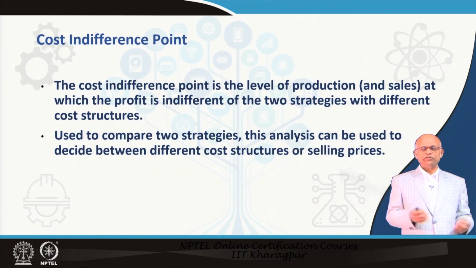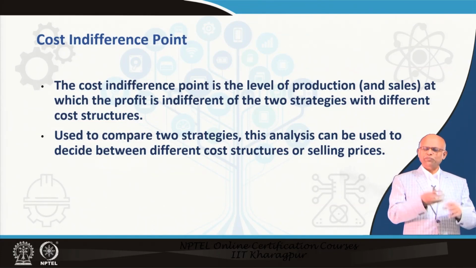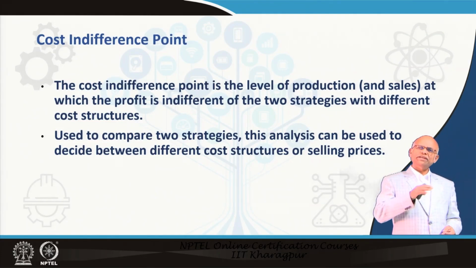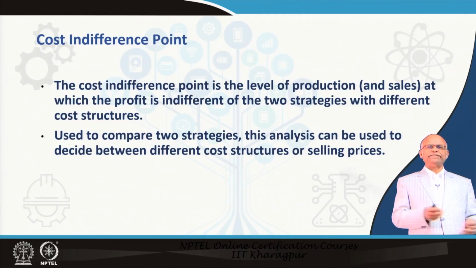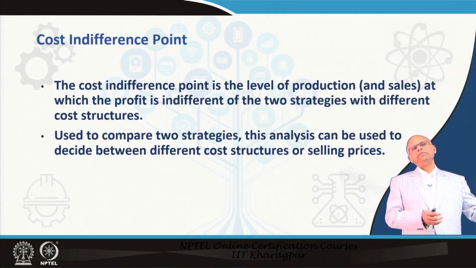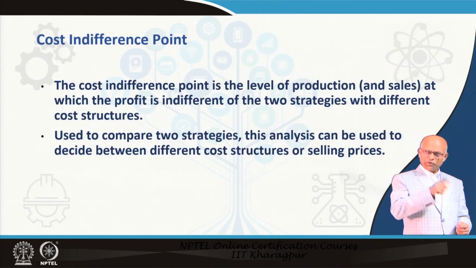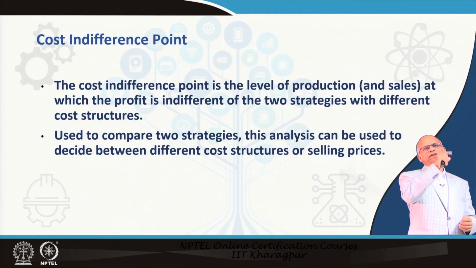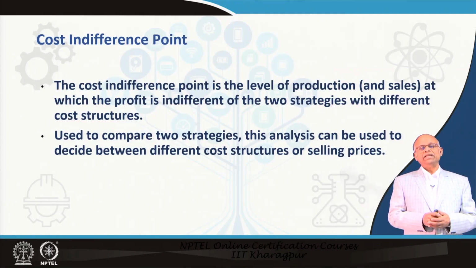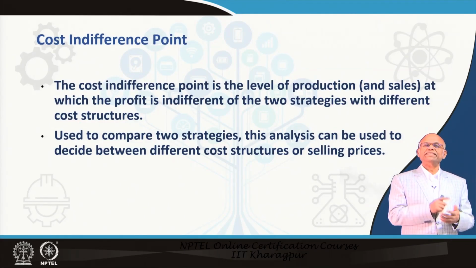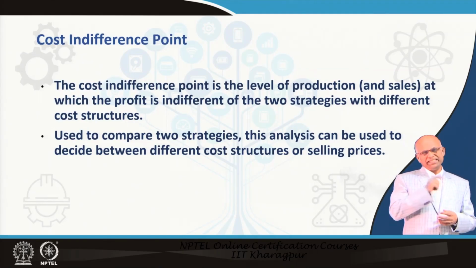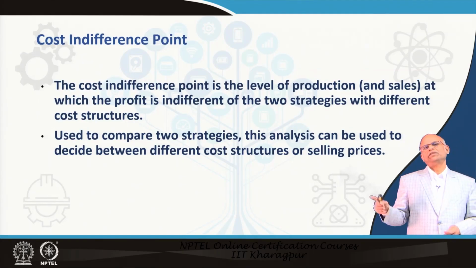Now, suppose you are operating above the break even point in both cases. Say you are actually making some profit in both cases, whatever that is. Now, you plot profit versus units, and you will find that they will intersect at some point. Initially, one will give more profit, the other will give less.